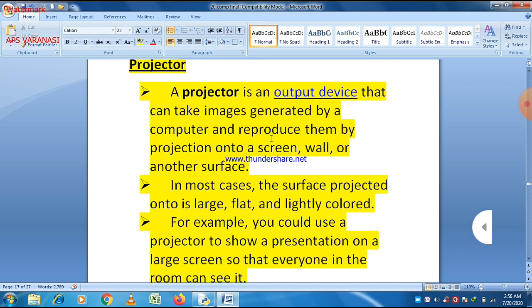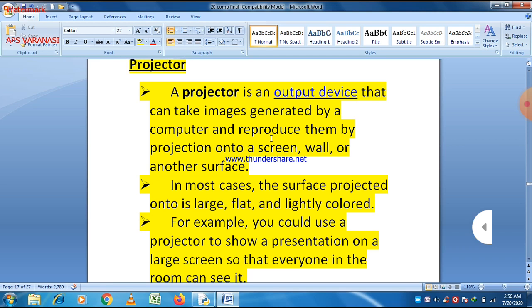The work of the projector is similar to that of the monitor, but here the projection is much larger compared to a monitor. First of all, it is an output device and it cannot produce a hard copy like a printer and plotter. Second, it takes images generated by a computer and reproduces them by projection onto a screen or wall or another surface wherever you want.